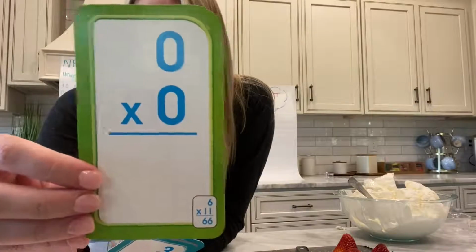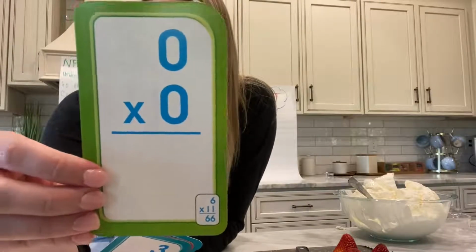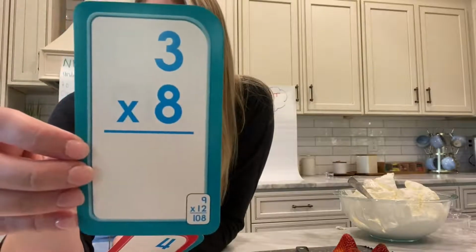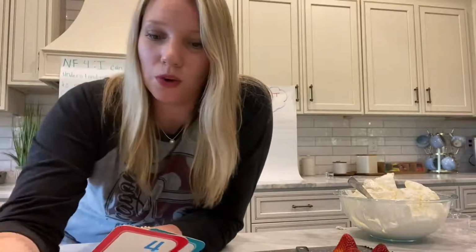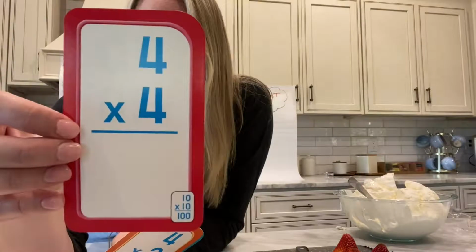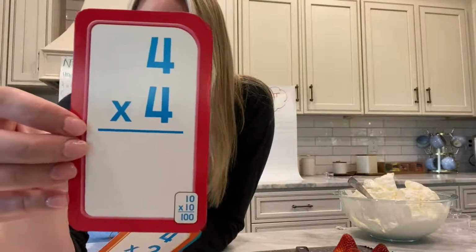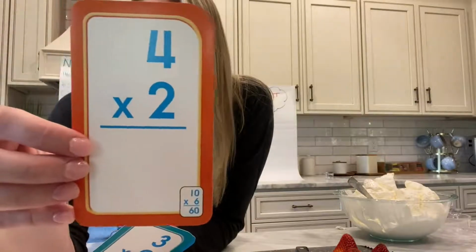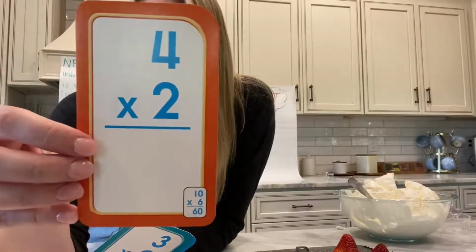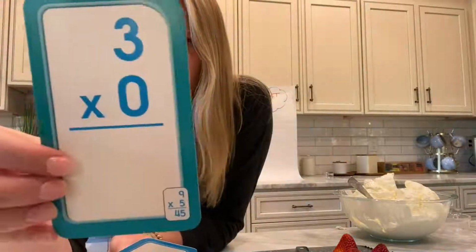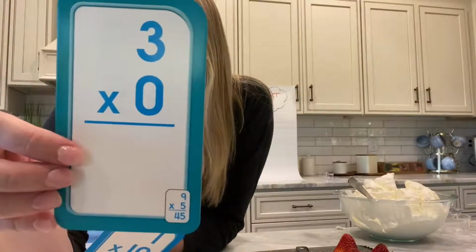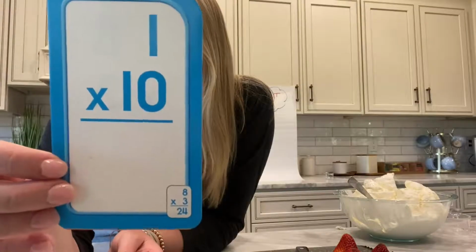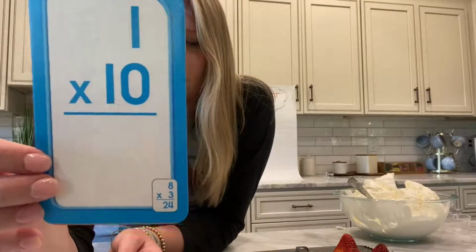This one's easy. 0 times 0 is 0. 3 times 8 is 24. 4 times 4 is, good job, 16. 4 times 2 is 8. 3 times 0, 0. And last but not least, 1 times 10 is 10.